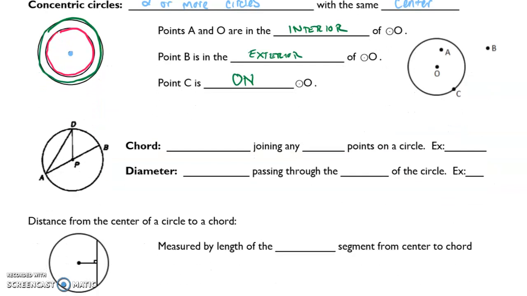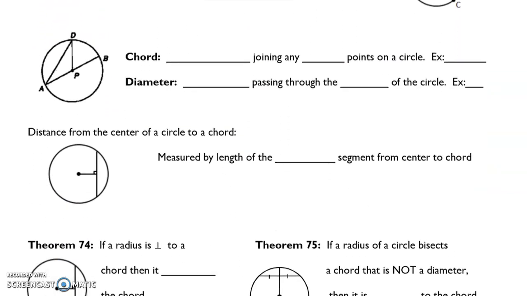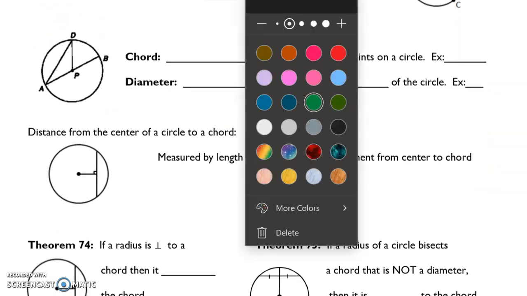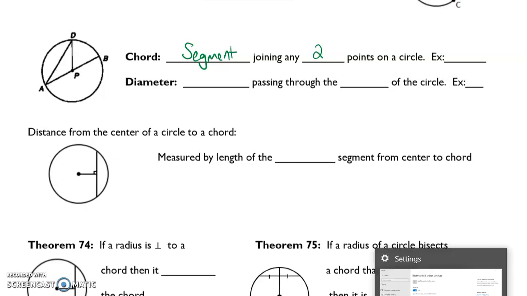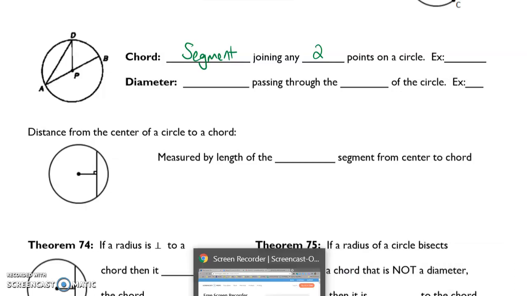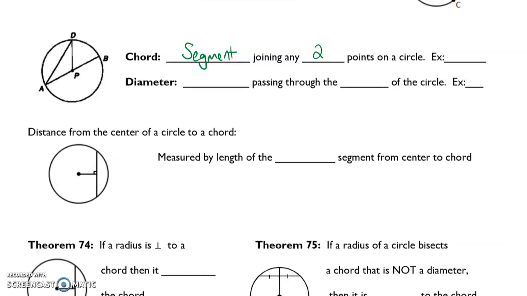A few more vocab terms. A chord is also a segment, and it joins any 2 points on the circle. Example, A and D are points that are on this circle, so that segment, AD, is a chord.